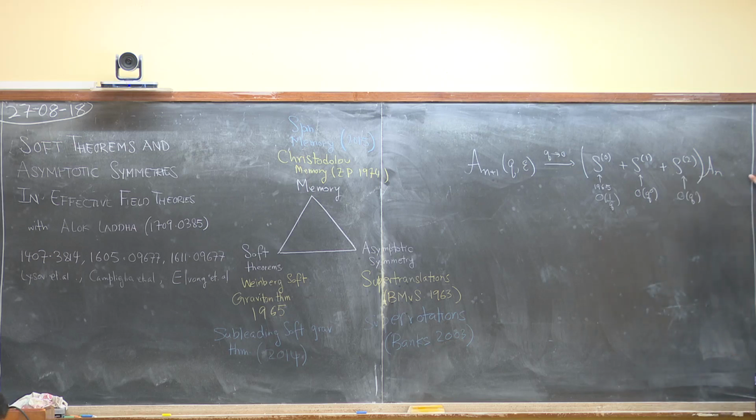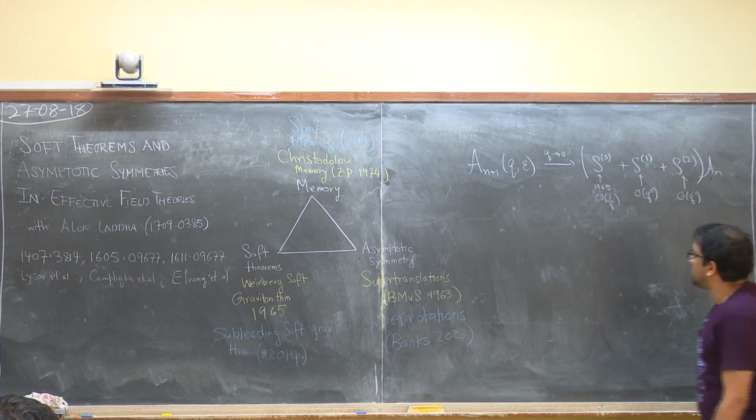Beyond this, there's no sense in which you can, of course, take any amplitude and always expand it. Beyond this, there's no sense in which you can understand the S3 term, for instance, as an action of some operator acting on some lower order amplitude. That interpretation goes away. So this is the limit to which the gravitational amplitudes factorize in the soft limit.